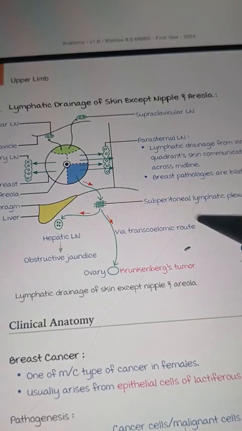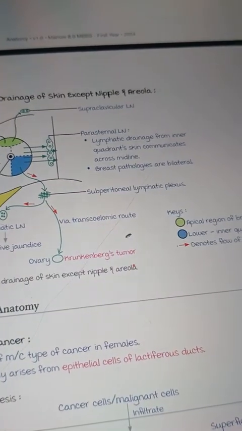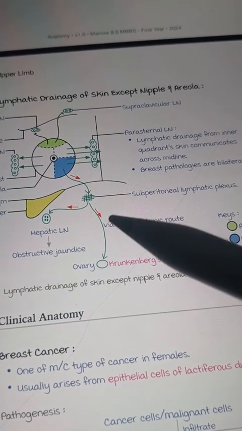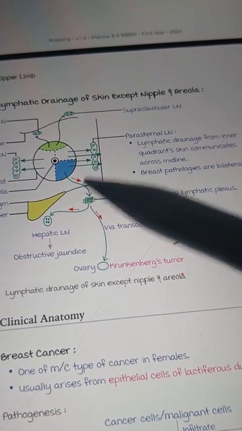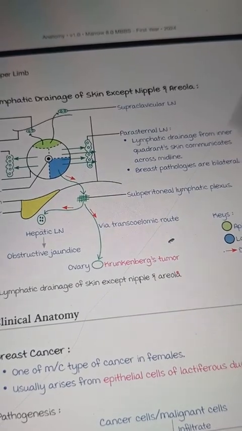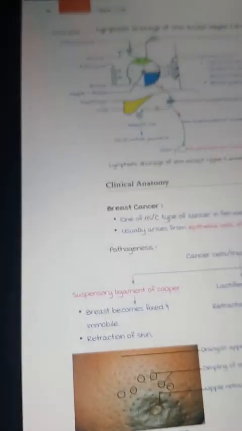Via the transcoelomic route, it will reach the ovary and cause Krukenberg's tumor. So this is the lymphatic drainage and its pathologies.